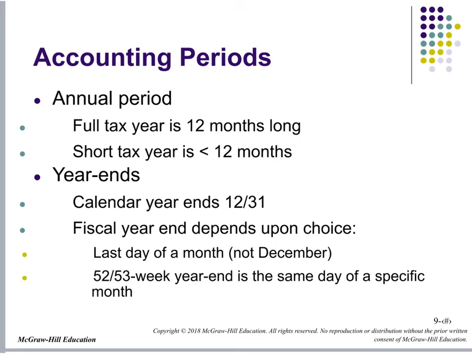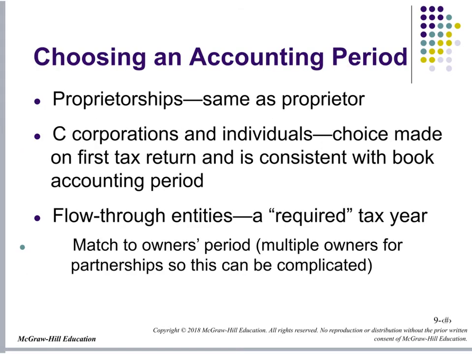And then if you are a fiscal year end company, you can choose something that relates to your business purpose. Individuals, we know we're all calendar year taxpayers. Okay. There are requirements for entities when they choose an accounting period.